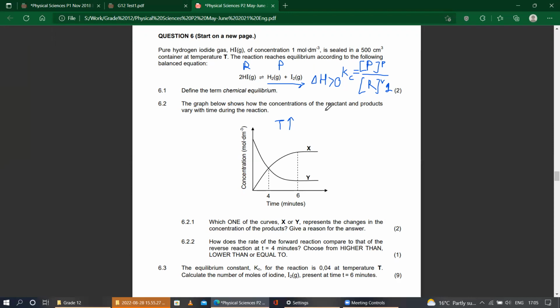Do you understand that part? Yes, sir. And when the temperature goes down, it's going to support the exothermic reaction. If the forward reaction is endothermic, automatically the reverse reaction is exothermic. So if the temperature goes down, the exothermic reaction is going to be favored since now you're taking heat out of the system.